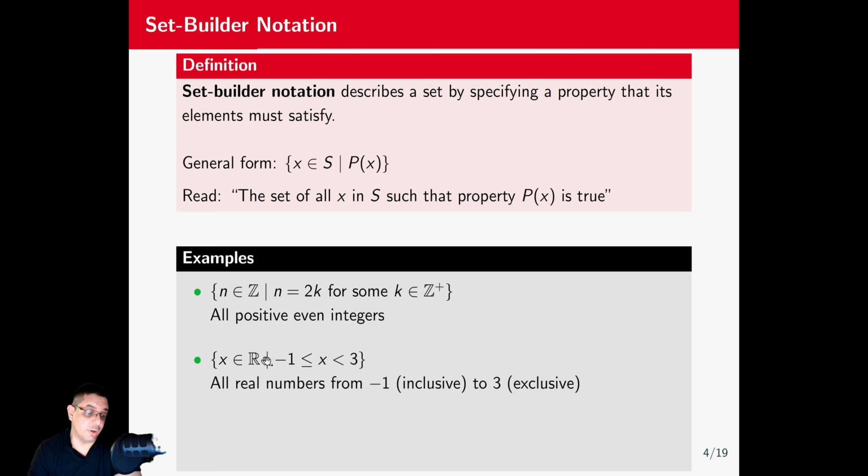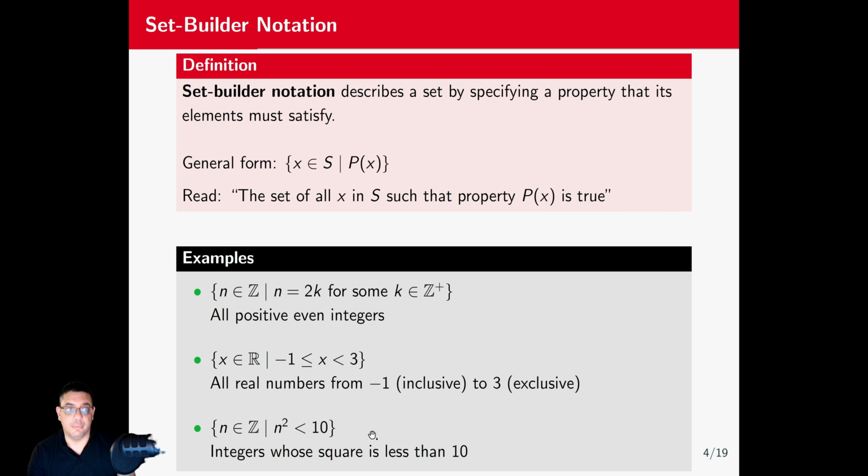An example with interval notation: {x ∈ R | -1 ≤ x < 3}, and so these are all the real numbers from -1 inclusive to 3 exclusive. We can also have something like {n ∈ Z | n² < 10}, and this will be the integers whose square is less than 10. You can also find this in roster notation. This will be just {0, 1, 2, 3}.